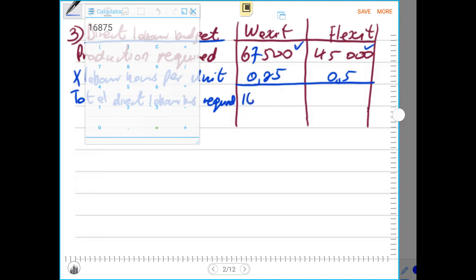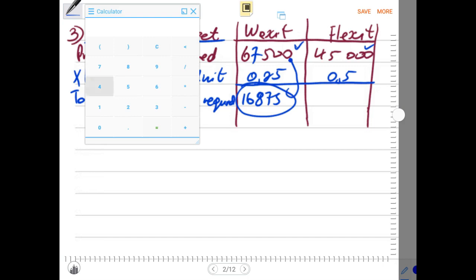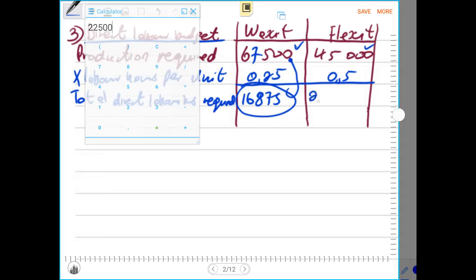That will give us 16,875 hours. It means we need 16,875 hours in order to manufacture 67,500 units. Then we say again 45,000 units, multiply that by 0.5, it means we need 22,500 hours in order to manufacture 45,000 units.